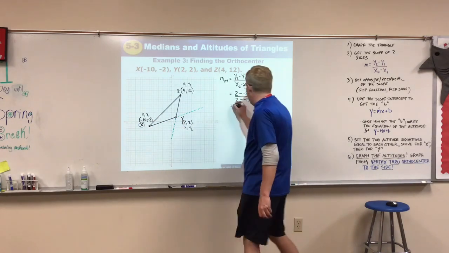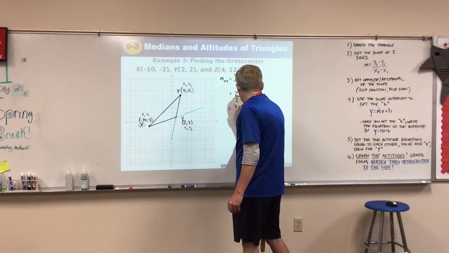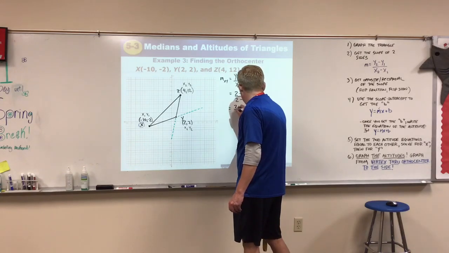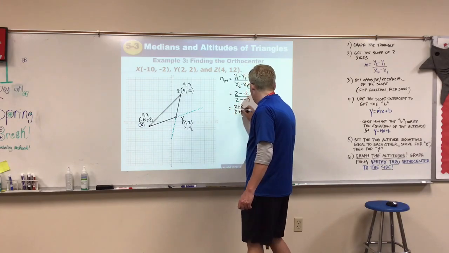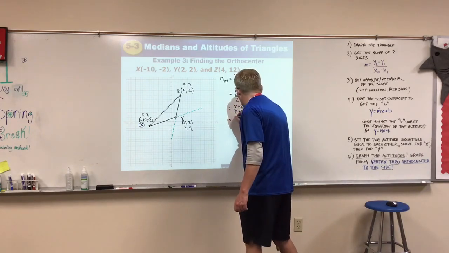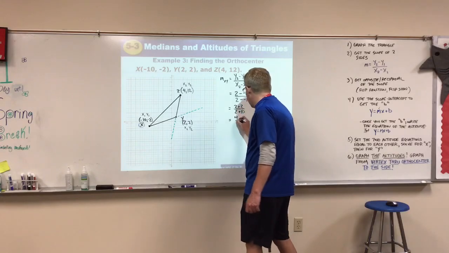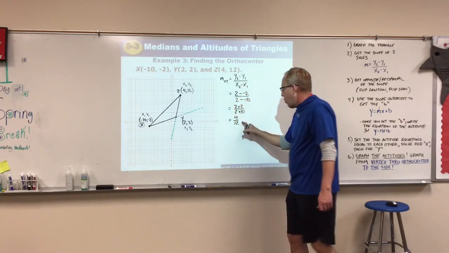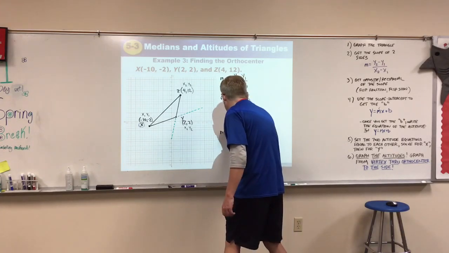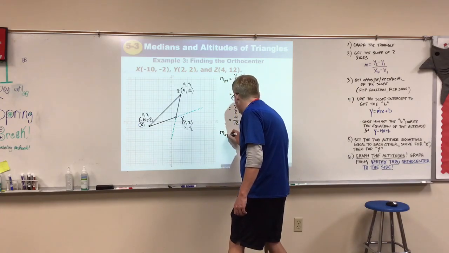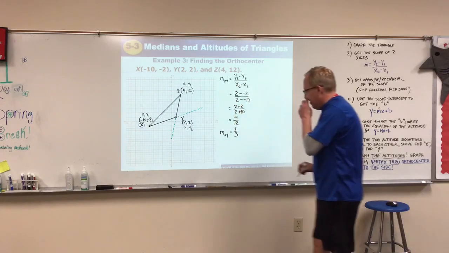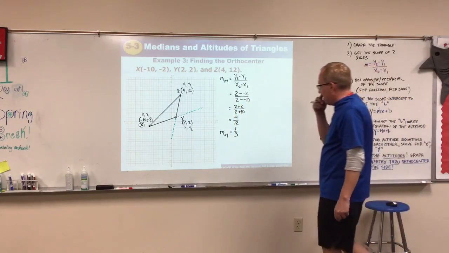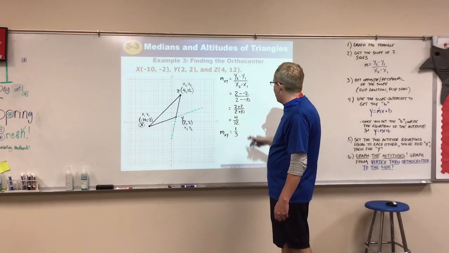That switches both of them to 2 plus 2, and then this is also going to be 2 plus 10. 2 plus 2 is 4. 2 plus 10 is 12. 4 over 12 simplifies. The slope of xy is equal to 1/3. Okay? We'll do the opposite reciprocal here in a second. So there is my slope of xy.